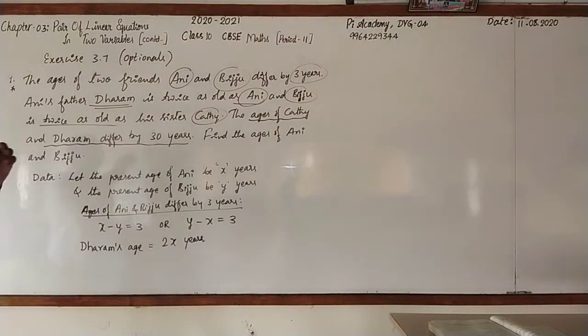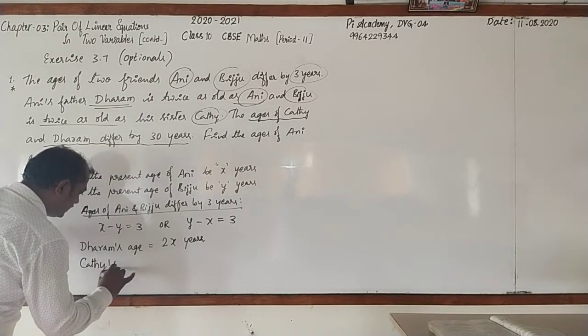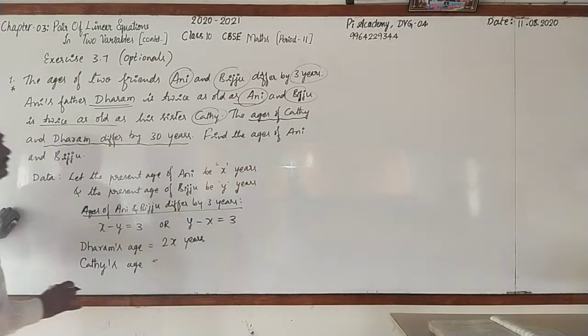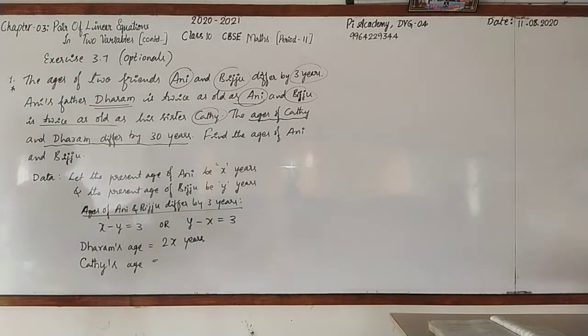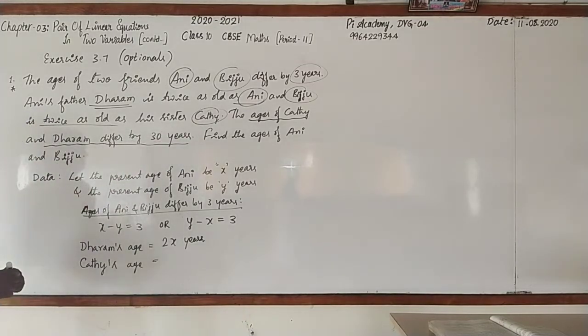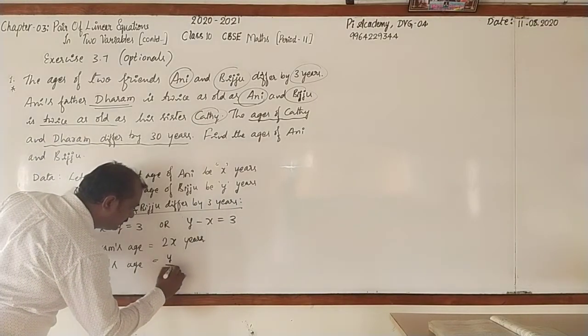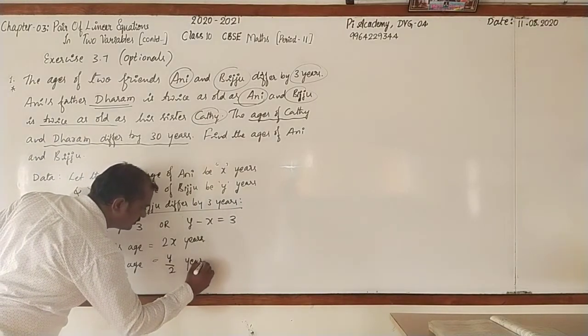Next, Biju is twice as old as his sister Kathy. But we do not know the age of Kathy. Hence, I'll write Kathy's age. If Biju is twice Kathy, then Kathy will be half of Biju's age. So Biju's age is y, half of that is y by 2 years.